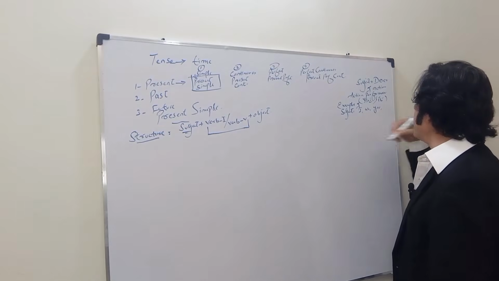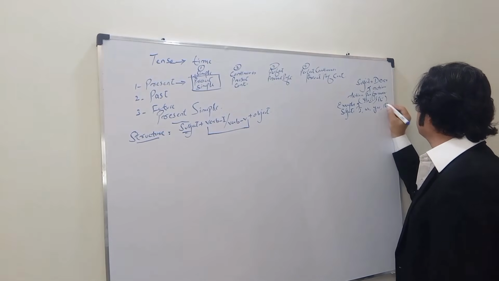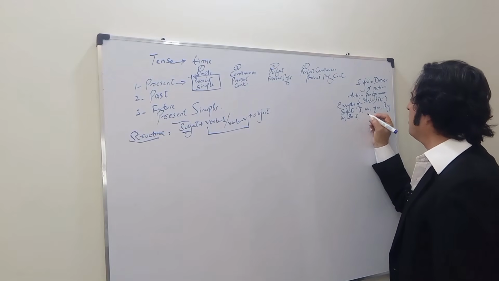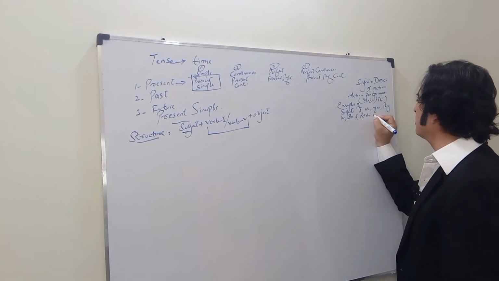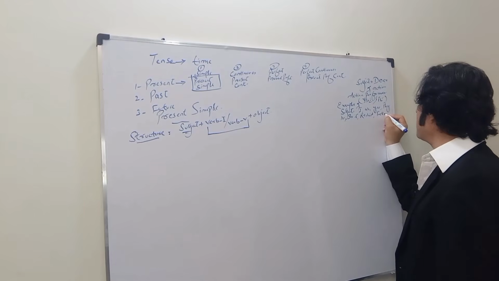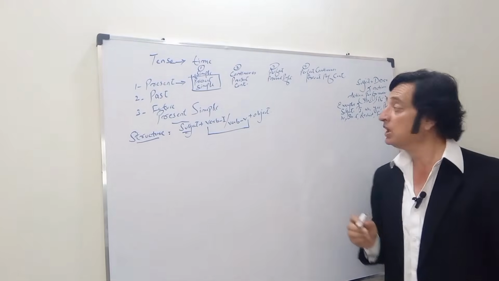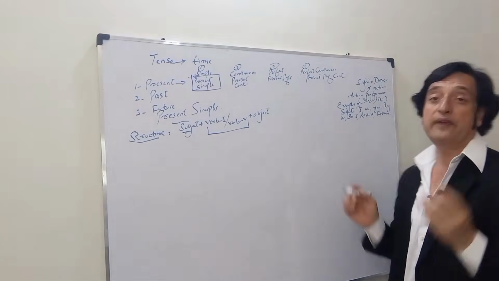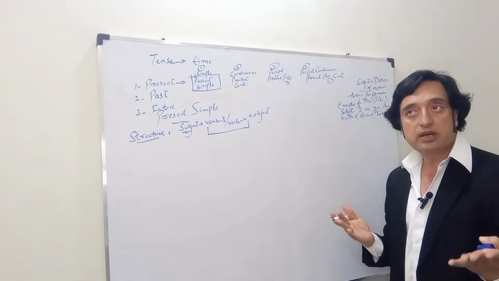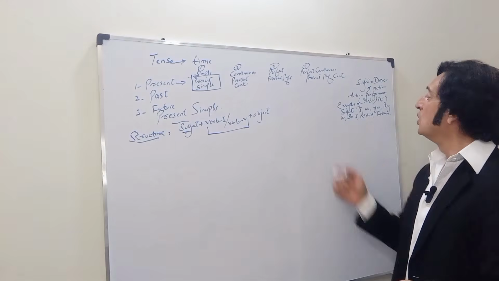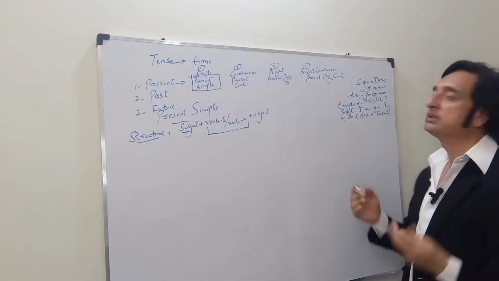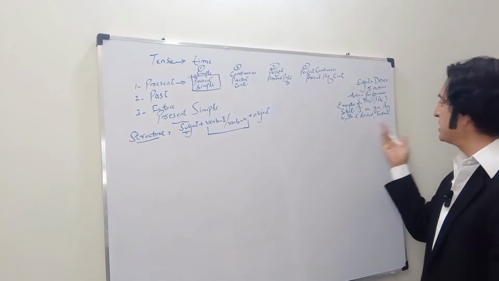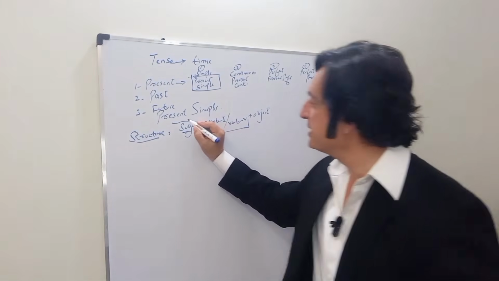So I, we, you, they, he, she, it, or Rashid, any name, male or female, Fatima, Martin, Angela. So we understood that the subject is the doer of action, or action performer. This part is clear.